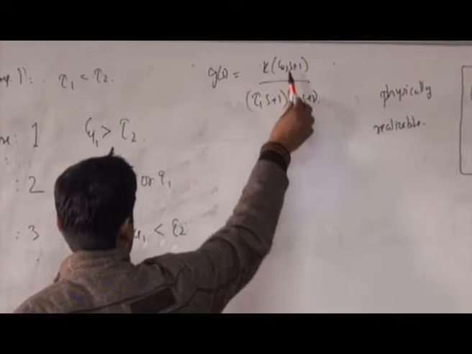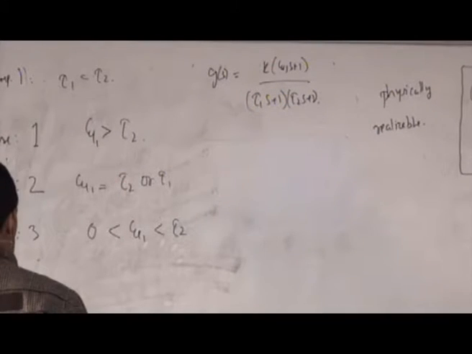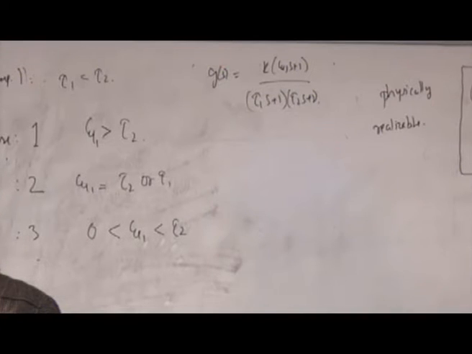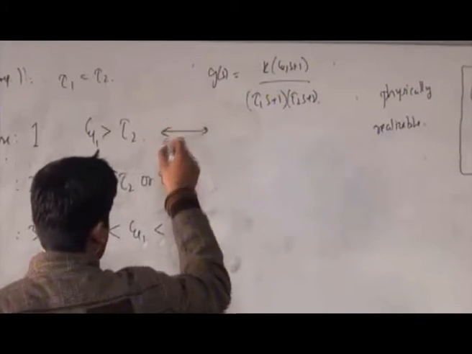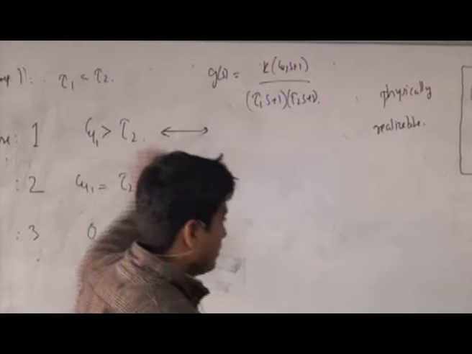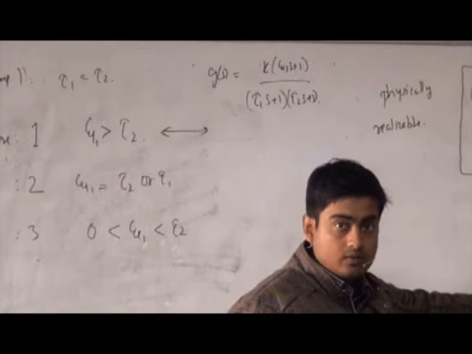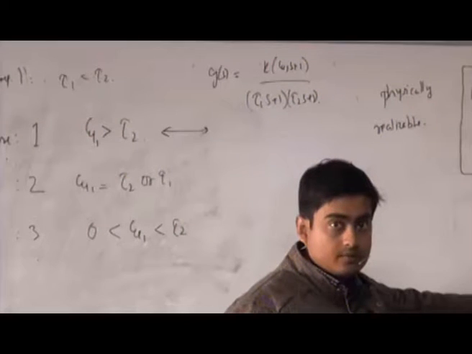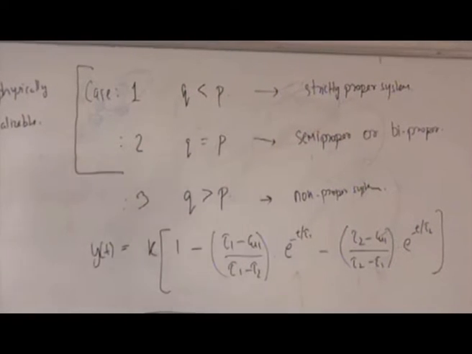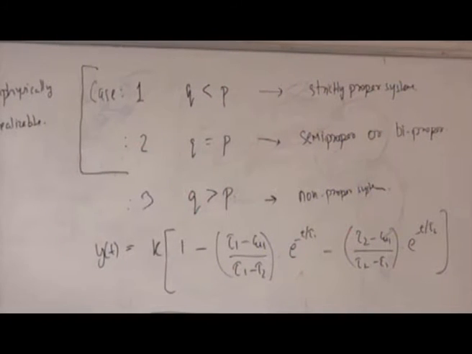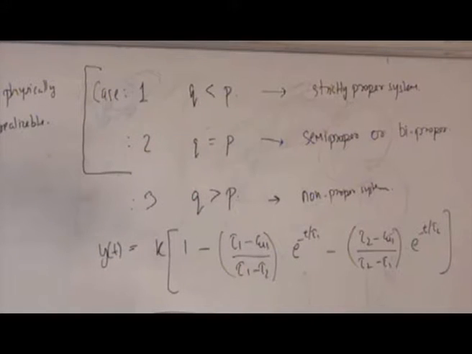What will happen if xi1 is greater than tau2? In this scenario, if you put this case into this equation and you plot, you will see that the response will overshoot.